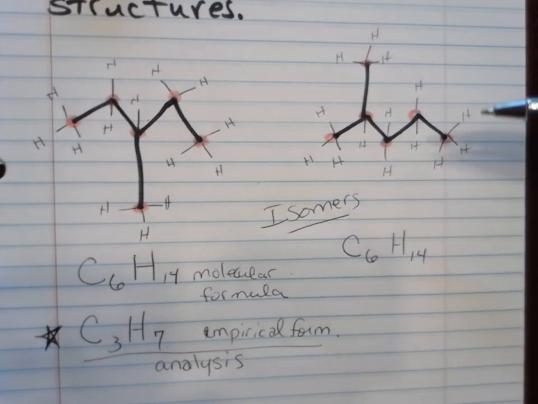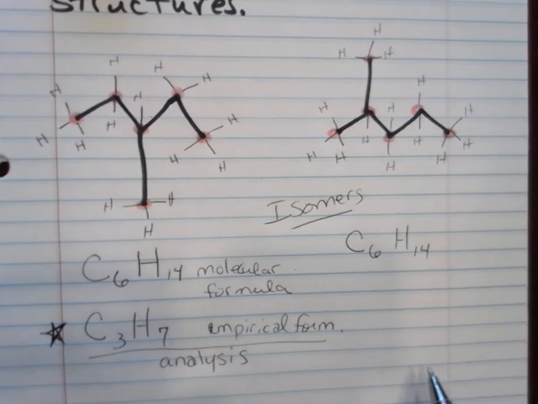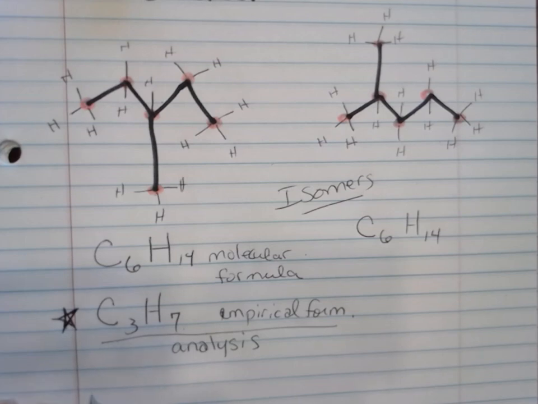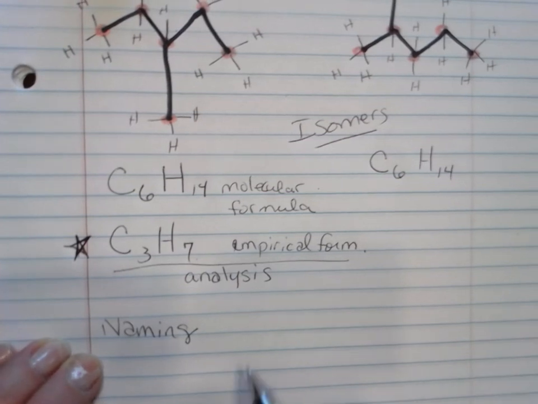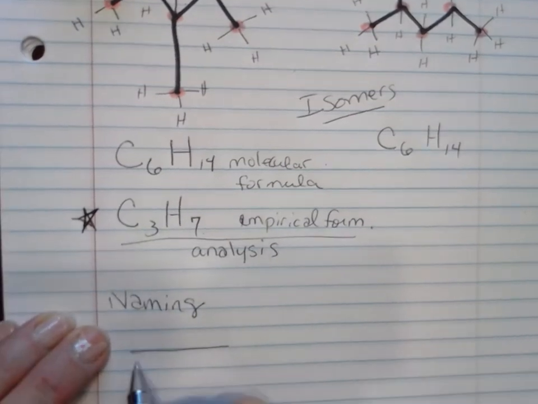While we're at it, let's go ahead and name these. Remember, when it comes to naming, you have to find the longest continuous chain. So we've got a few different parts to a name. The first part of the name is going to be the substituents.